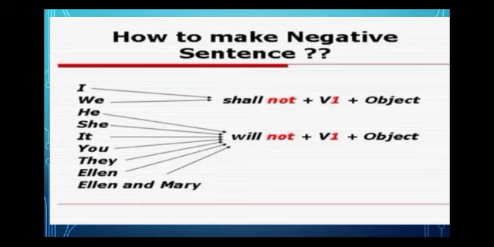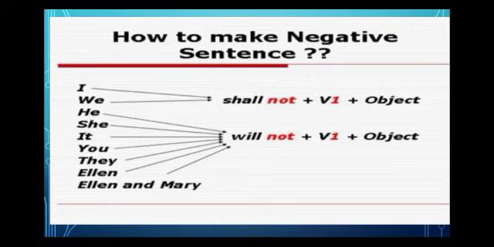I will say I shall not play hockey. In the same way, if I say he will win the race, so to make the sentence into negative, I will say he will not win the race. I will insert not after will.